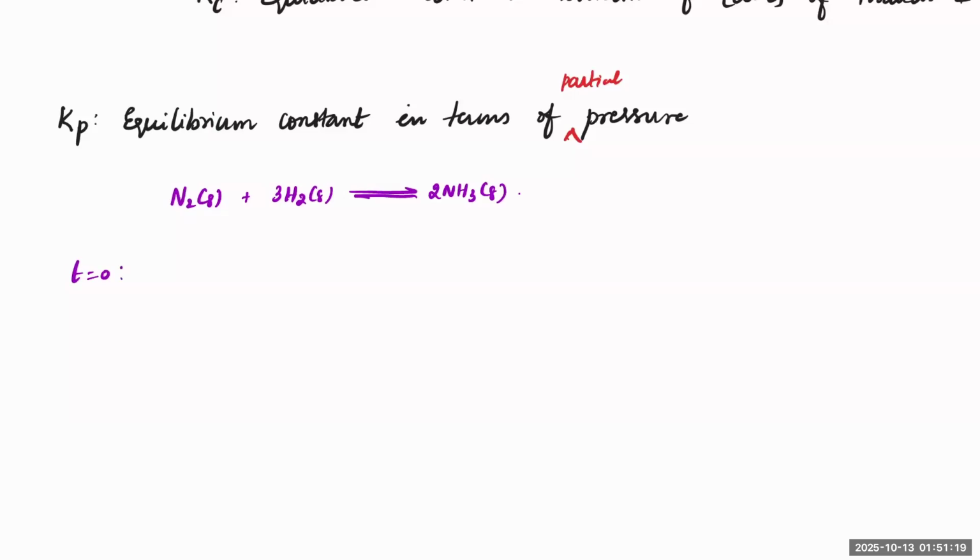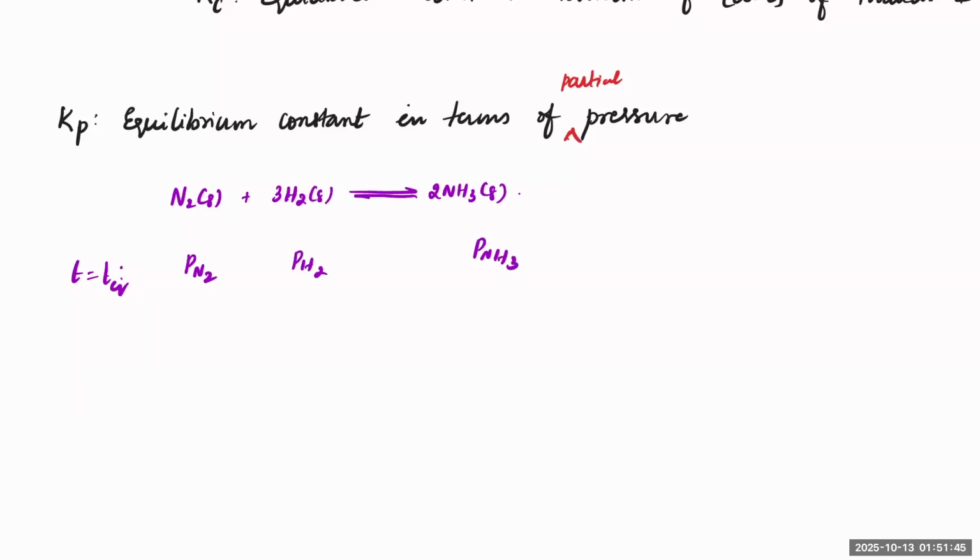At equilibrium time, let's say there is still some nitrogen left which has pressure P(N2). Similarly, pressure of H2 and pressure of NH3.